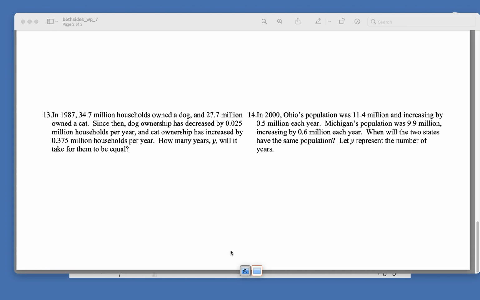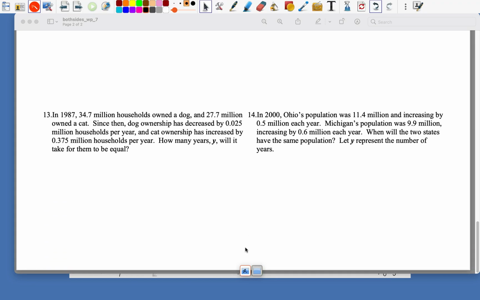All right. What is this? In 1987, 34.7 million owned a dog and 27.7 million owned a cat. Since then, dog ownership has decreased and cat ownership has increased. How many years will it take for them to be equal? Oh my god. So again, this is like no other problem. So it's 34.7 million.